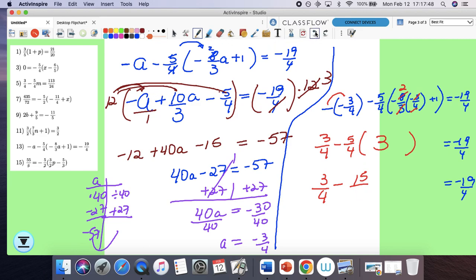Well, I have the luxury of doing this. Positive 3/4 becomes 2. 2 plus 1 is 3. Alright, let me double check my work.